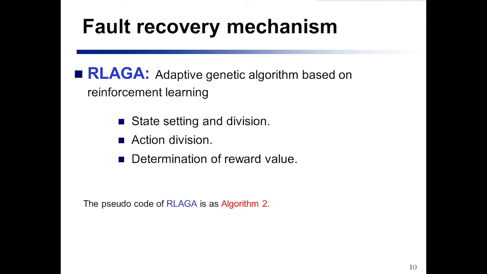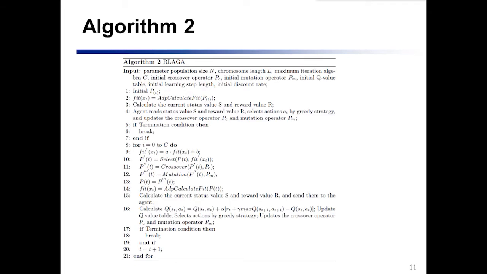The learning mechanism of reinforcement learning for genetic algorithm mainly includes three elements: setting and division of environmental status, agents' action divisions, determination of action reward values. The pseudocode of RLAGA is as algorithm 2.